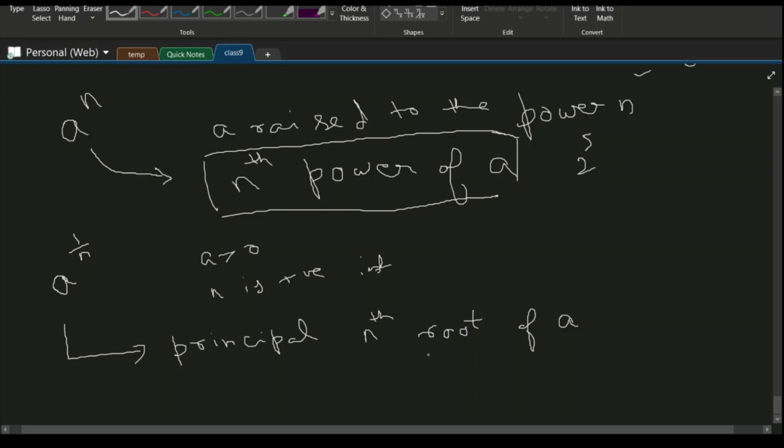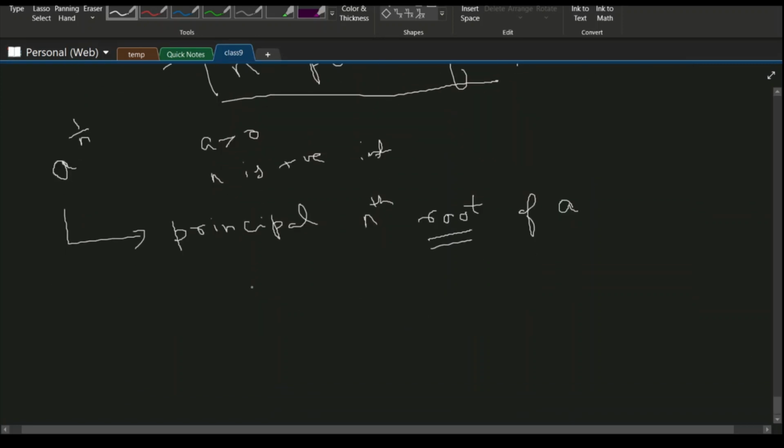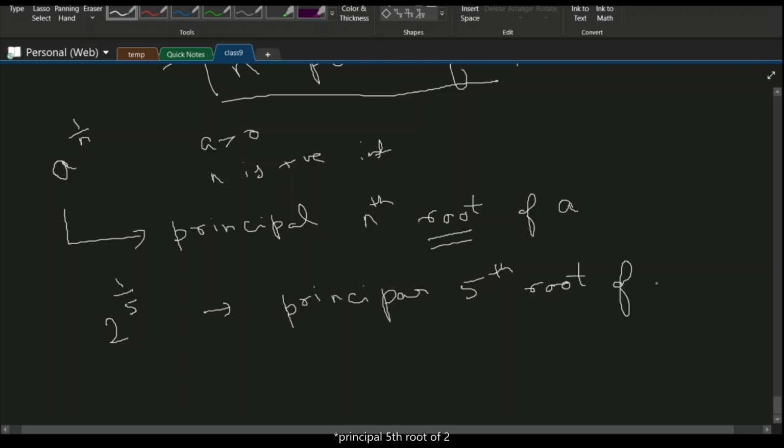So we are not calling it power, right? This is called the nth root of a. So if I look at an example, let's say 2 to the power 1 by 5, this will be called the principal fifth root of 2. Principal, okay. It's the principal fifth root.